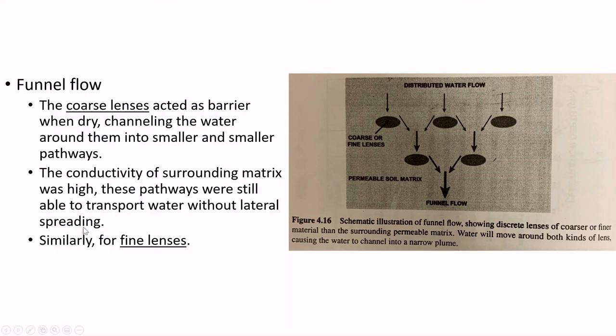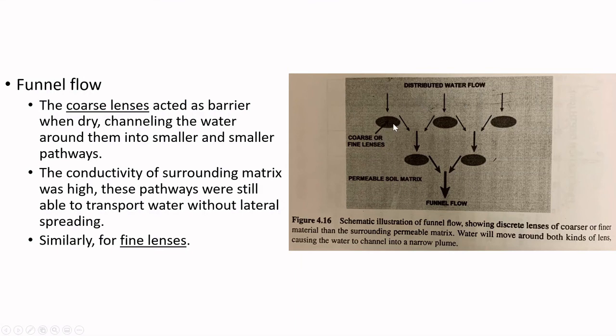Okay, so a similar thing also happens for fine sand. If this is very coarse sand compared to the surrounding soil, this funnel flow could happen. If this is very fine sand as well, funnel flow will still happen. So it is a relative comparison of the lens compared to the substrate of the majority of the soil.